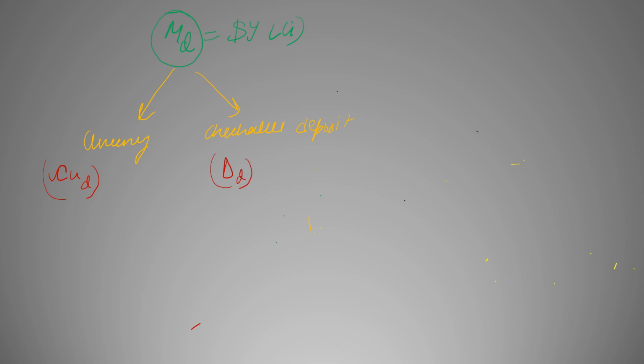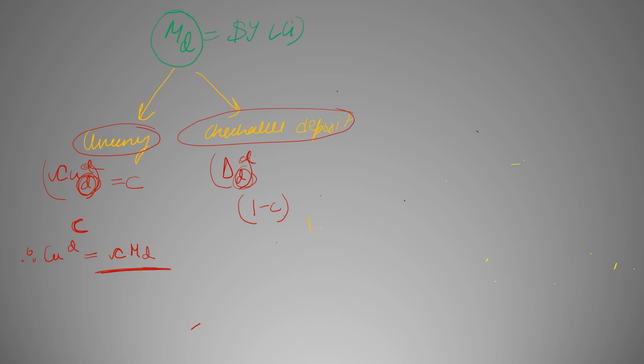Now let's assume that the proportion of currency is C. Okay, so automatically if both of these terms make up money, then if there are C units in currency, then 1 minus C will make up checkable deposits. Therefore CUD is equal to C times MD, because this is the currency demanded out of this money demand.